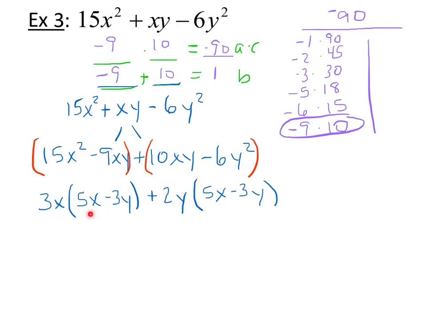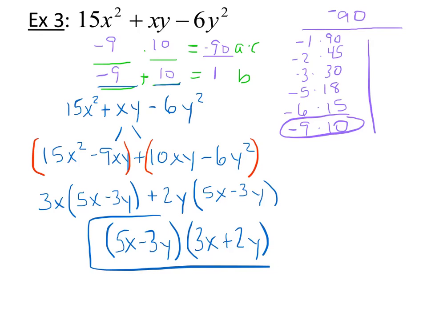Then take a look at the insides here. The insides are the same, which means that is my first factor, 5x minus 3y. And the second factor is 3x plus 2y, whatever was on the outside. So there is our final answer.